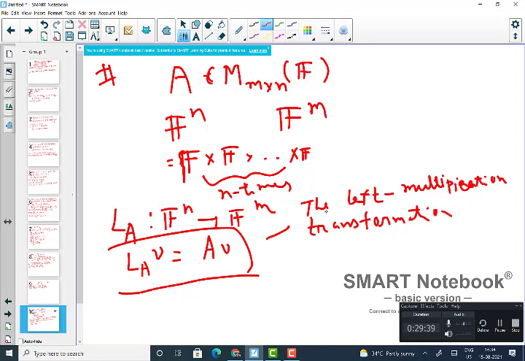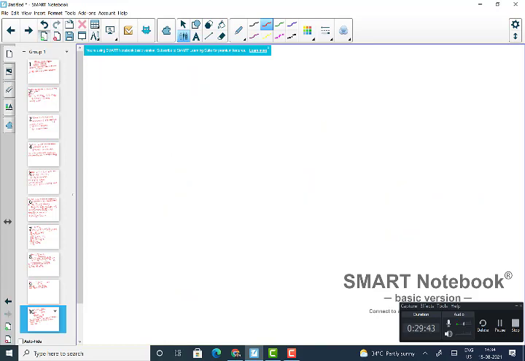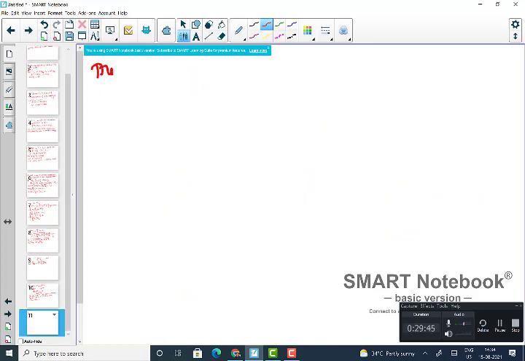And not only that, it has nice properties. These are also very simple properties; you can easily check them. I'm taking the standard ordered basis.